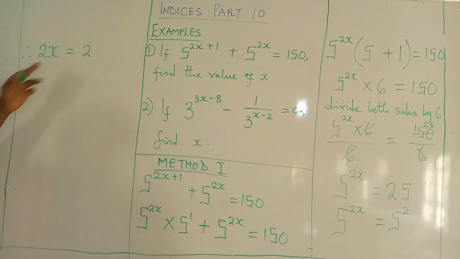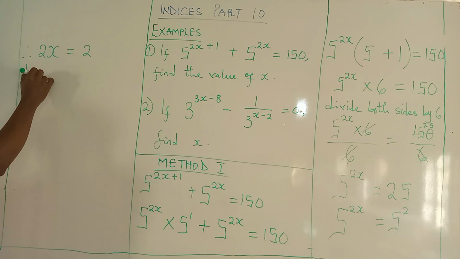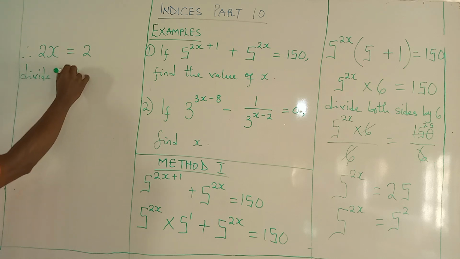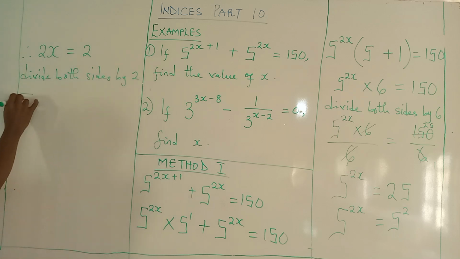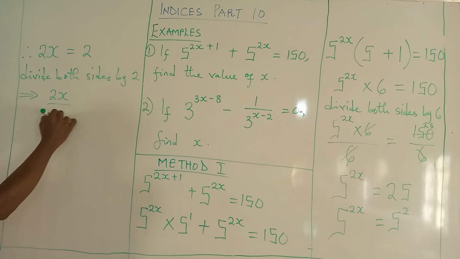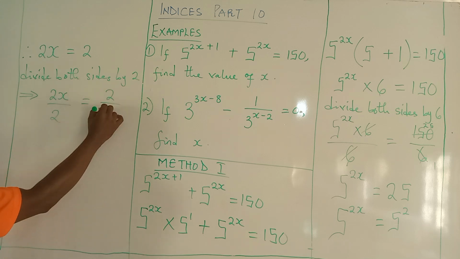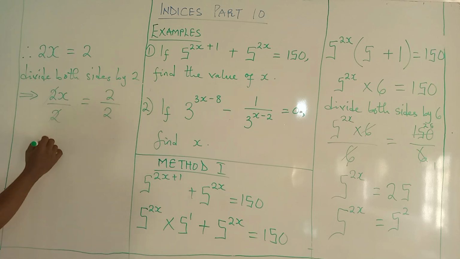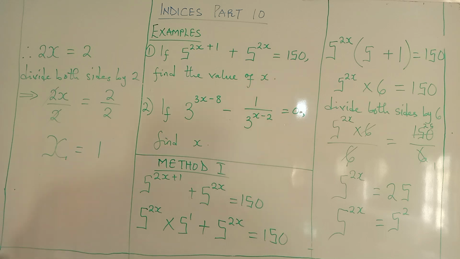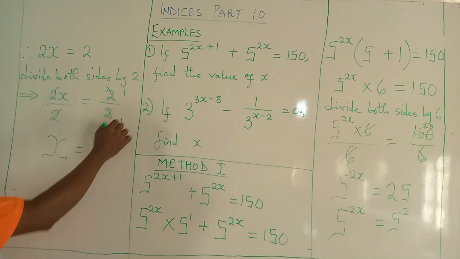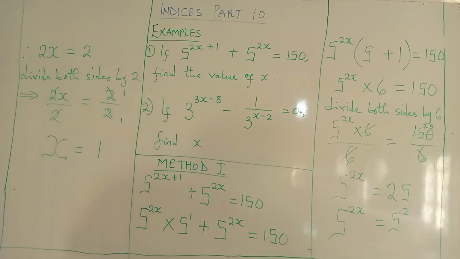And for us to have x, we divide both sides by 2. So this will give us 2x divided by 2 is equal to 2 divided by 2. And these two will cancel. So x is equal to 1. 2 will cancel here, 1. So that is the value of x.